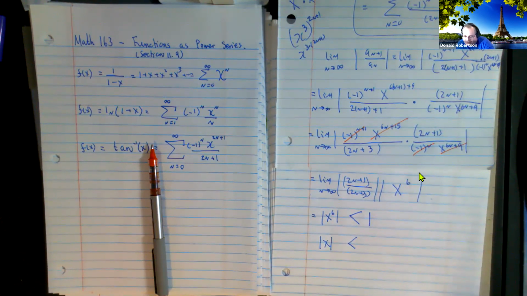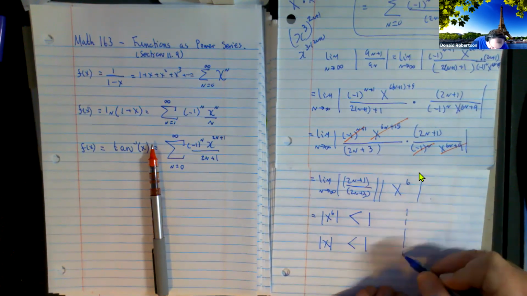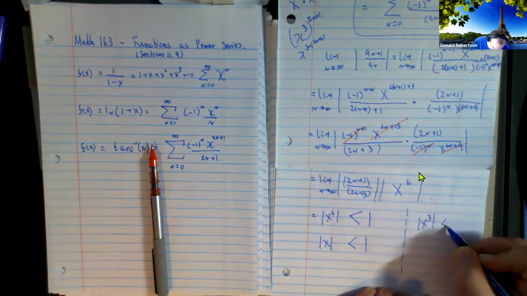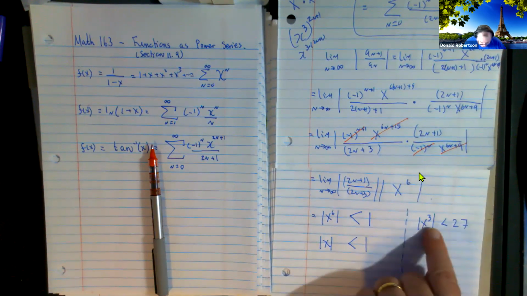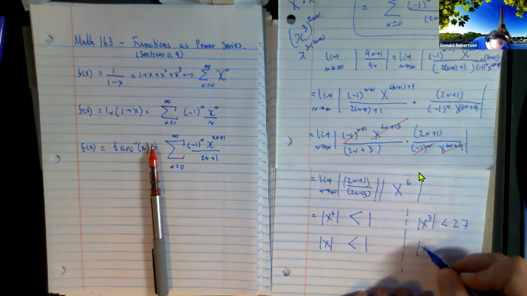So if x to the 6 is less than 1, what will the absolute value of x be less than? 1. Now, it might be much more important if it was something like x cubed was less than 27. So you imagine a totally different question, and this is essentially what we got, right? In this case, won't x be less than 3?